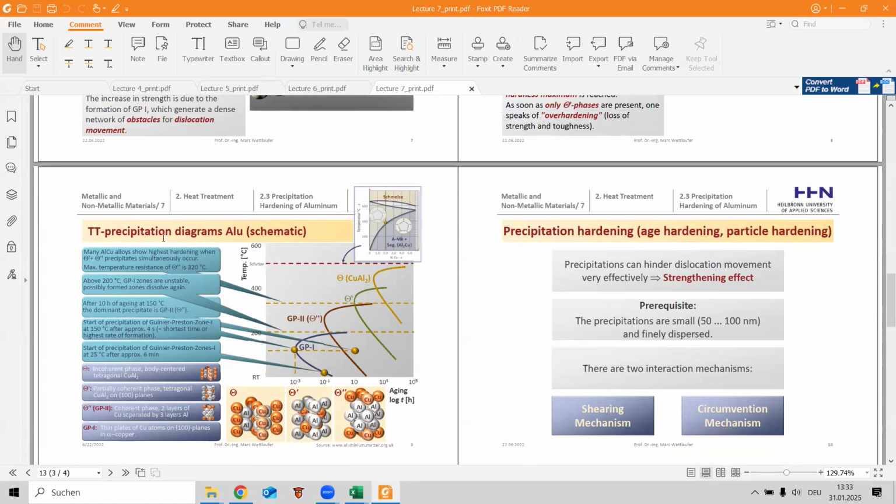We have temperature precipitation diagrams following. So many aluminum alloys show highest hardness when GP2 and delta prime simultaneously occur.